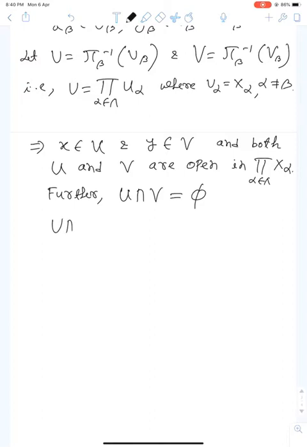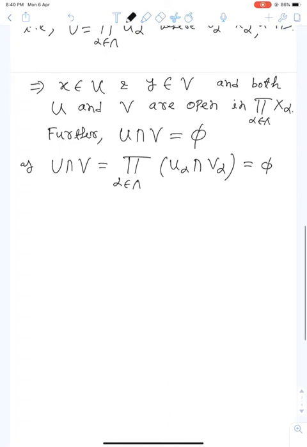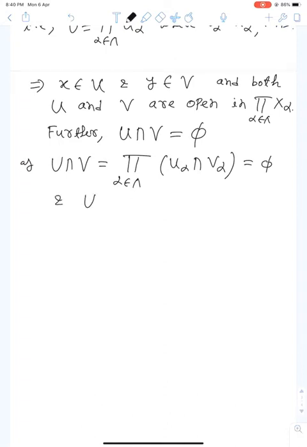Because U intersection V is just the product of U alpha intersection V alpha. Now since we know that at least we have one index beta where U beta intersection V beta is empty, this is empty. Right? So the product of X alpha is Hausdorff.